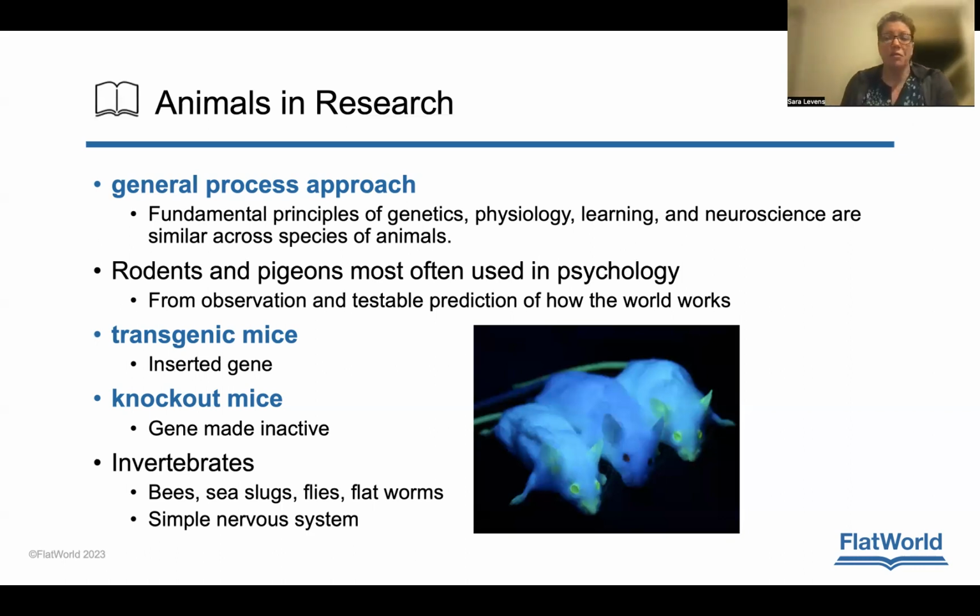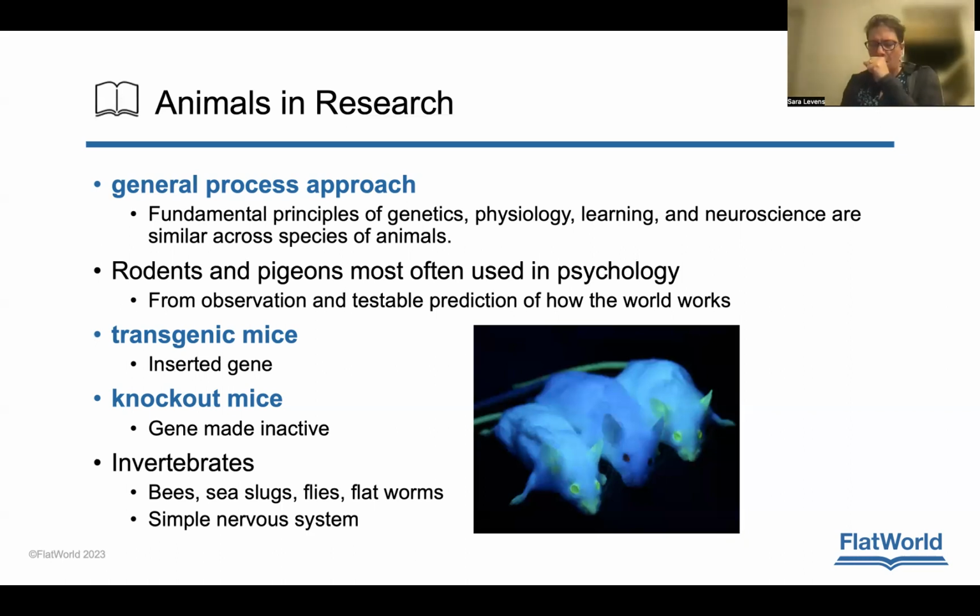And then we also have knockout mice, and this is where a gene is made inactive. If you have a hypothesis about the role of a certain gene in learning, physiology, genetics, mood regulation, all sorts of these above behaviors, then you can knock out that gene, make it inactive, and see how it affects development, learning, and your research questions.